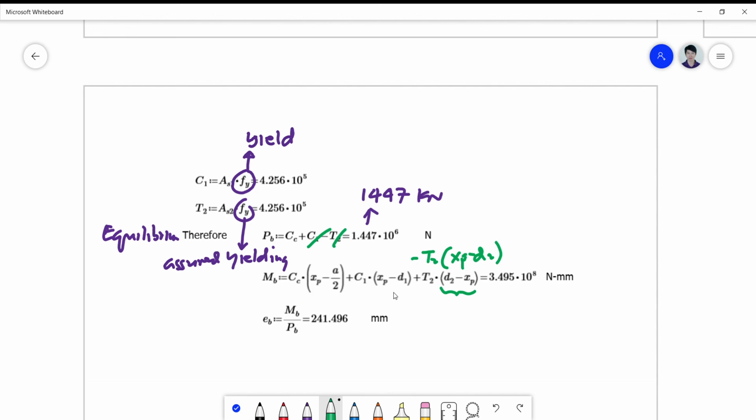So MB is now 3495 times 10 to the 8, or simply this is 349.5 kilonewton meter. Okay, and EB is simply obtained by dividing MB and PB. There you get 241.496 millimeter.